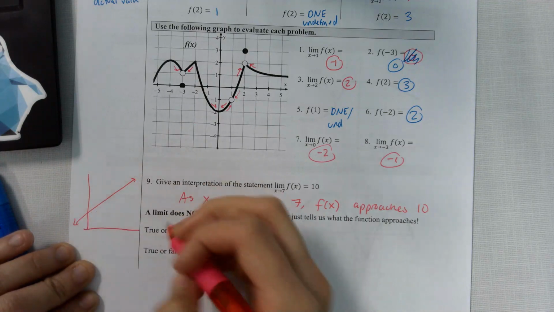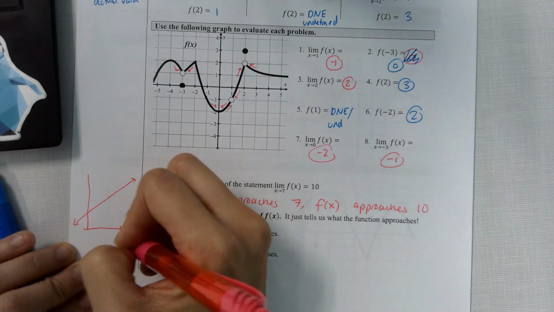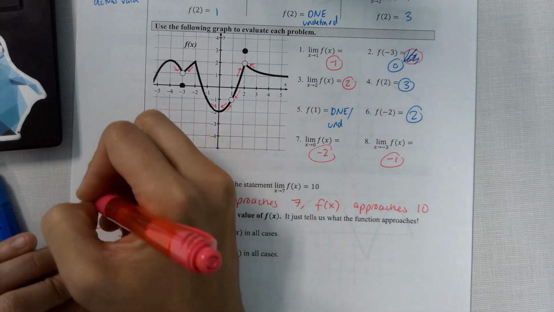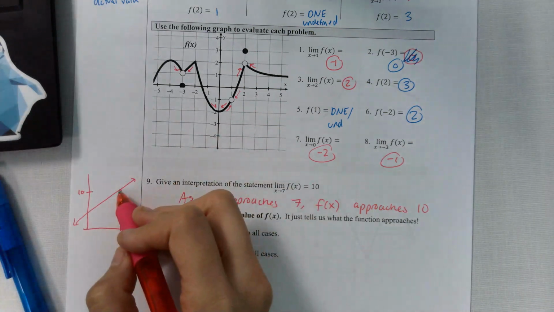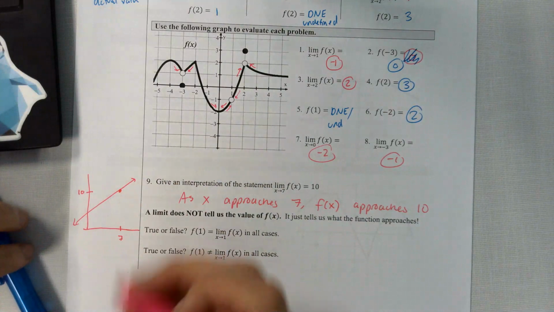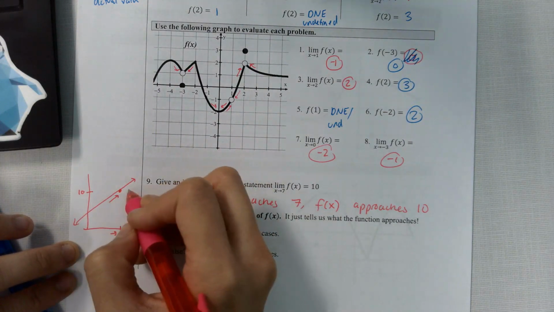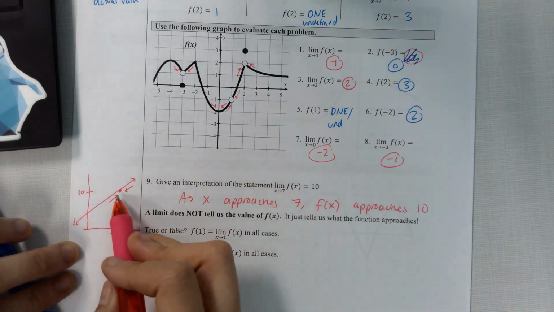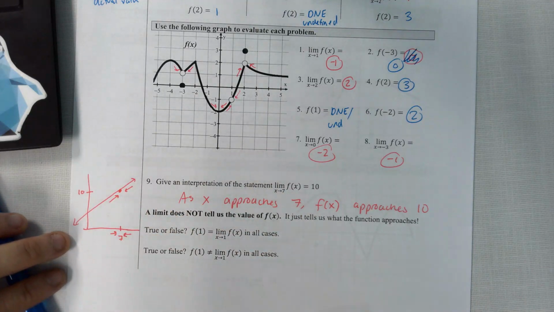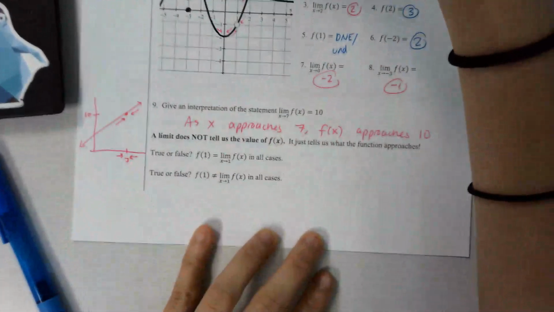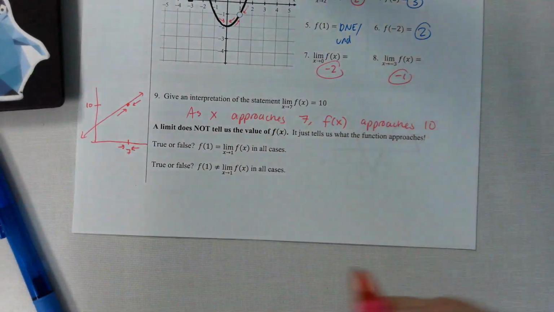Let's just say it was a linear function. As x approaches 7, so as we're going to 7 on the x-axis, our y value, our f of x, is approaching 10.